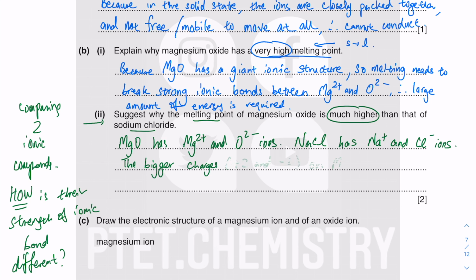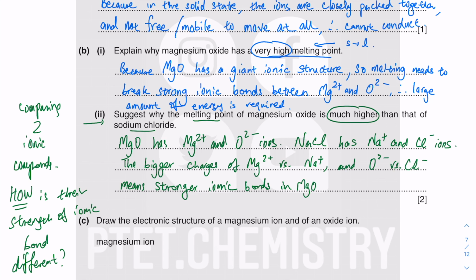Maybe I can re-clarify this. The bigger charges of Mg2+ versus Na+ and O2- versus Cl- means a stronger ionic bond in MgO.